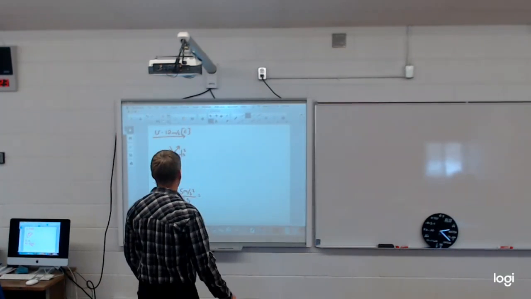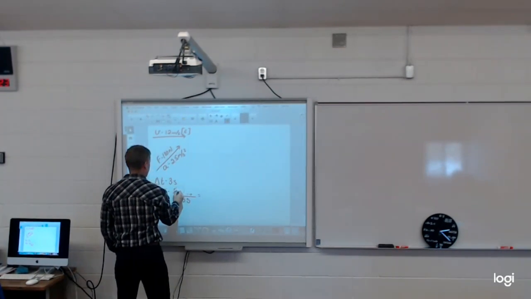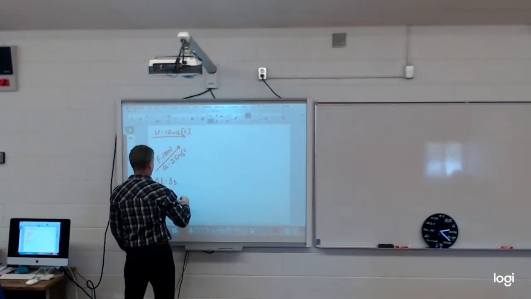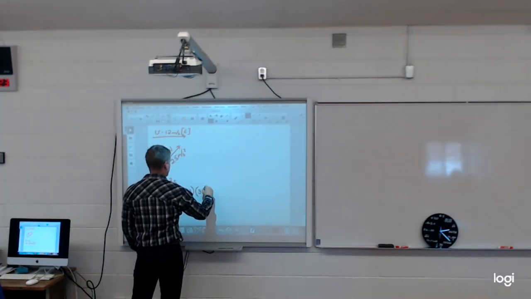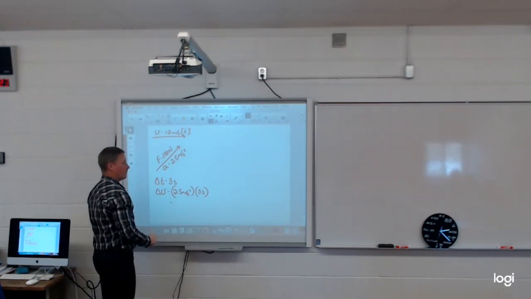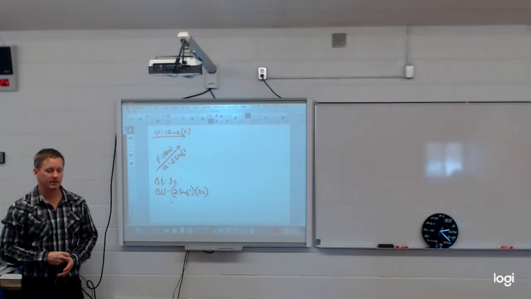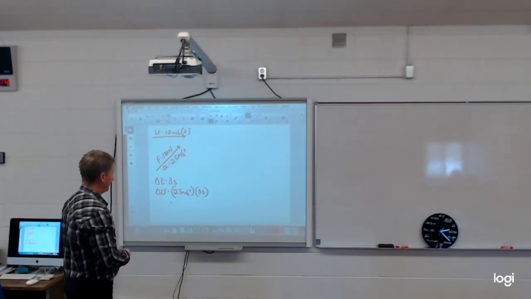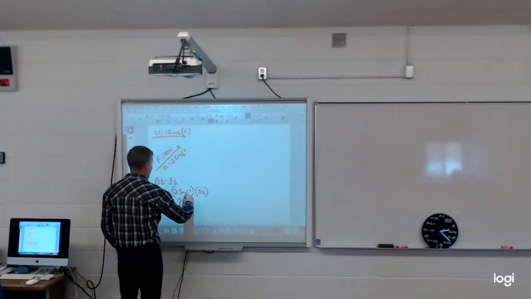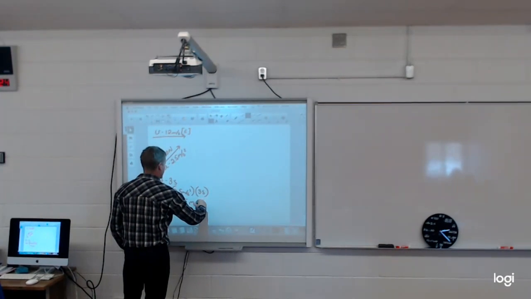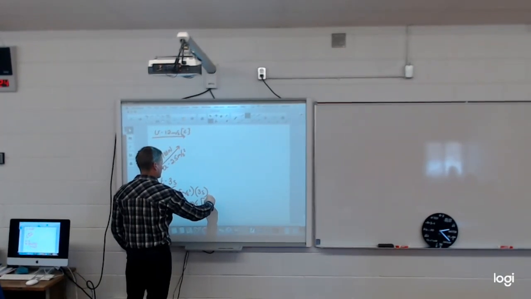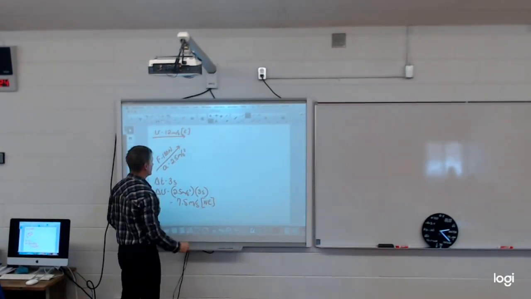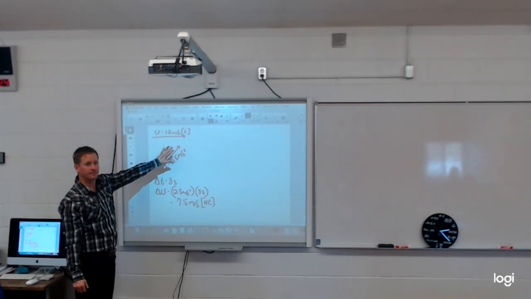Sorry, it's multiplied. Acceleration times time: 2.5 meters per second squared times 3 seconds. So what is the change in velocity? 7.5 meters per second. And what direction? Northeast, because it's all of this force.